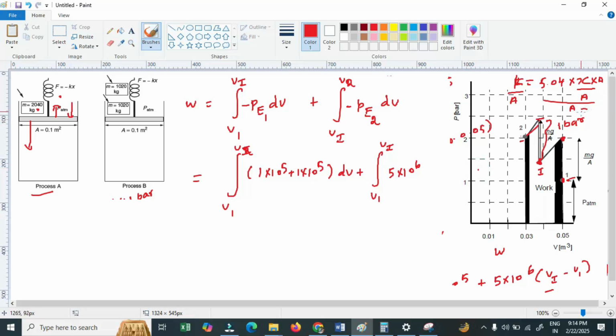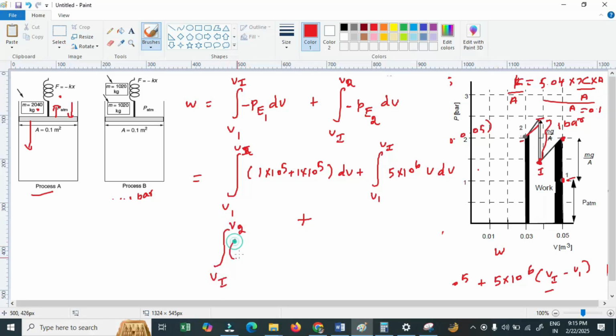A is 0.1, so A square, 10 power minus 2, you will get 5 into 10 power 6. Therefore, I will be getting here V, so X into A is V, and this will be my dV, plus the integral from V intermediate to V2.